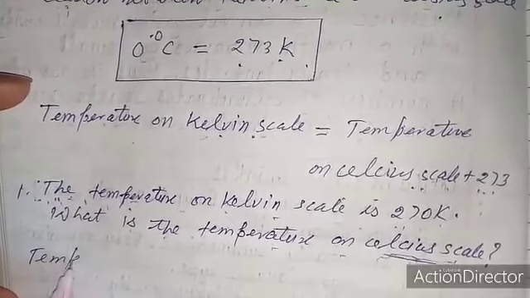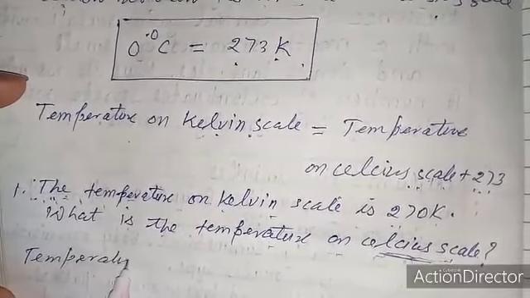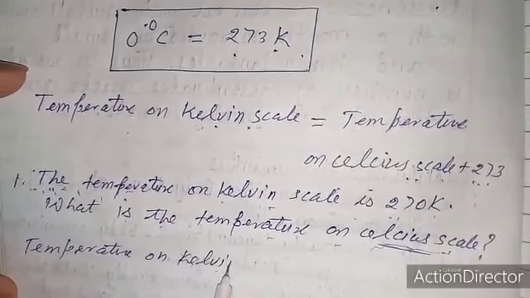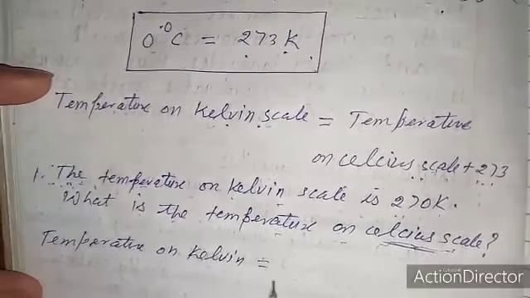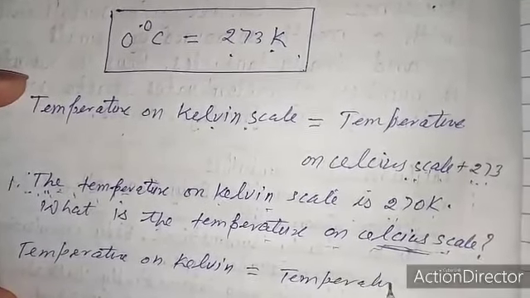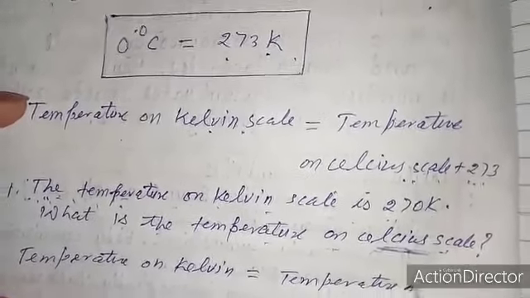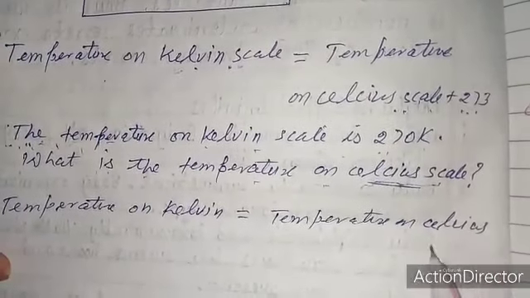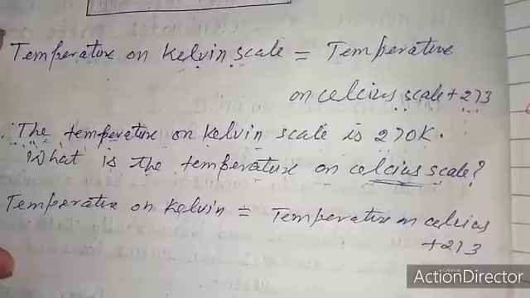Temperature on Kelvin is equal to temperature on Celsius plus 273.